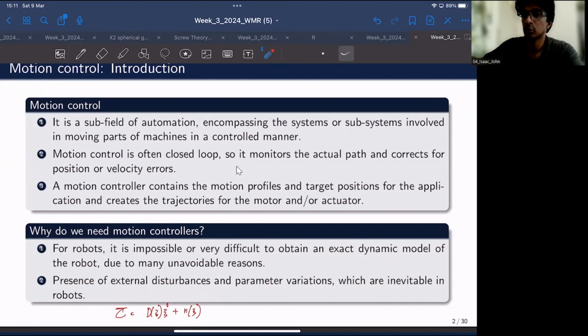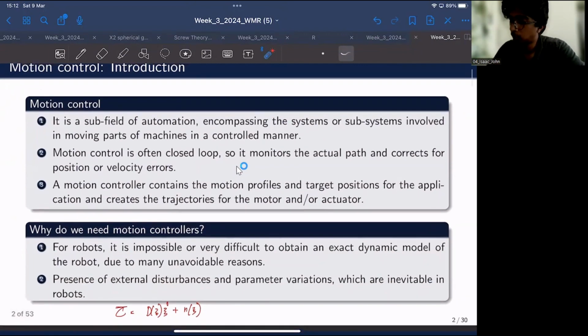That is why we need some sort of feedback, so that if the robot is deviating away from the desired trajectory, the controller should take appropriate action so that it can be brought back to the desired trajectory or desired course of action.